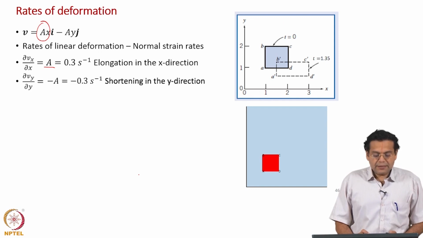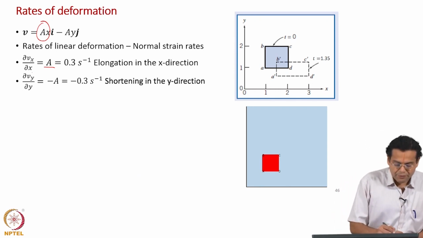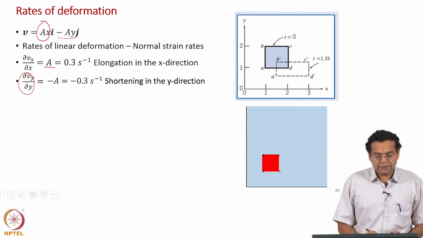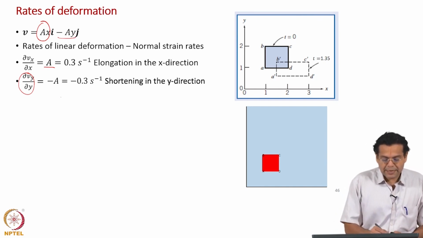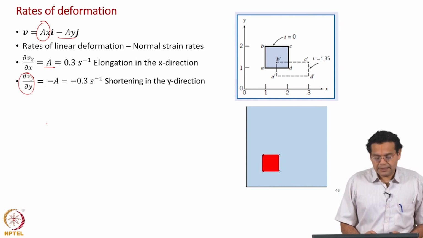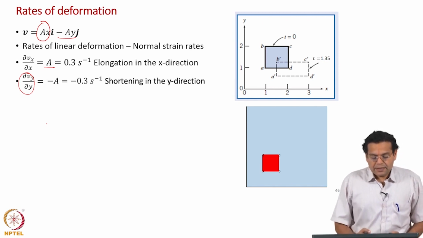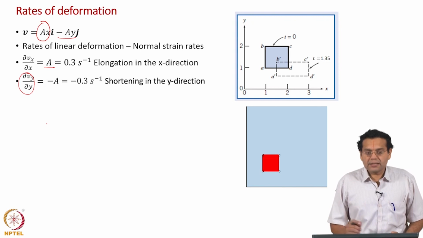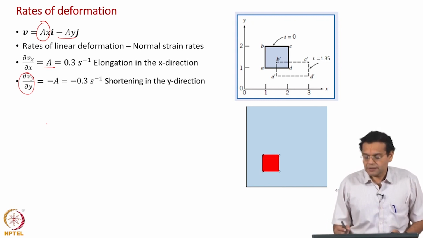Now, let us evaluate the normal strain rate in the other direction, which is dou Vy by dou y. So, differentiate the y component of velocity with respect to y, you get minus a, the result is minus 0.3 second inverse, which means that there is shortening in the y direction. And that is what we have seen.